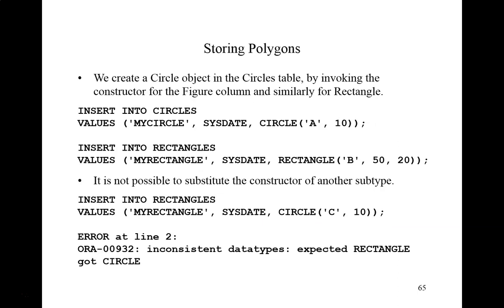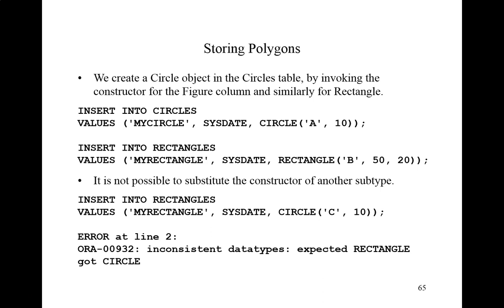With the circles table created, we invoke the circle constructor and place a circle object into the figure column. Likewise, with the rectangles table in place, we invoke the rectangle constructor, placing a rectangle object into the figure column of this table. Note that there is a limitation here.